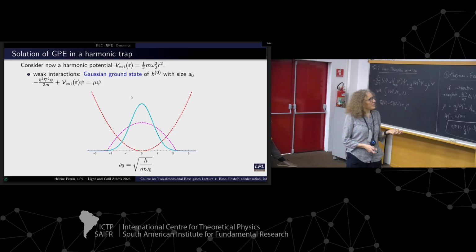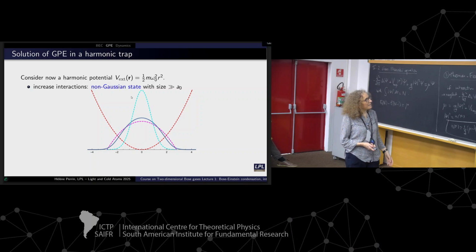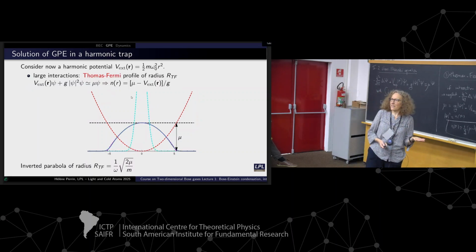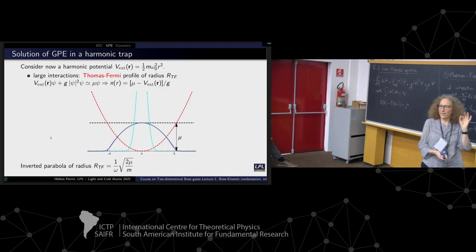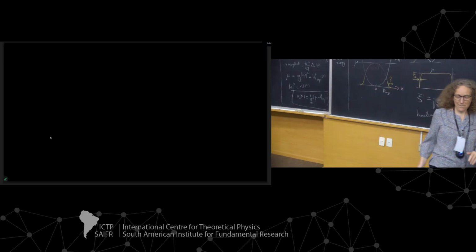But if we increase interactions, then the profile broadens. And finally, if I increase it more and more, I find that it really nicely fits with the inverted parabola, except, as I said, on the very edges where it has to recover, and there is no singularity. There is a gentle connection to 0 with a size which is again given by xi. So I think that's it for the moment.